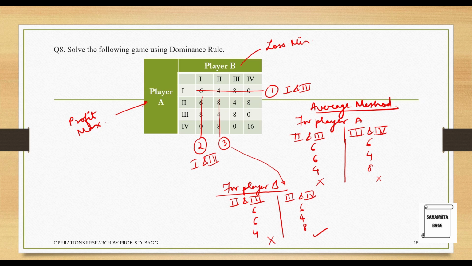Now we still have 3 rows. So let me just check if anything can be cancelled out. So if I come back over here, I can see that when I use 3, 4, that is over here, and I compare it with 2. So now this value is already gone. So this is 6 and 4 from here, and this is 4 and 8. Sorry, this value is gone. So what remains is 4 and 8. So here also we have 4 and 8.